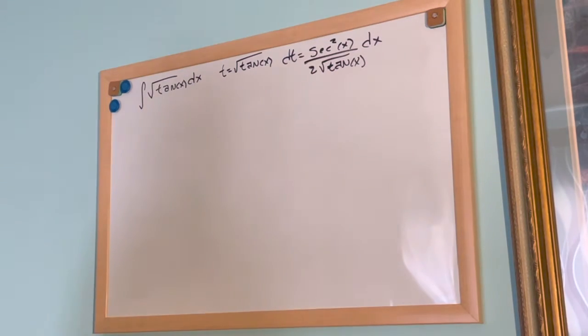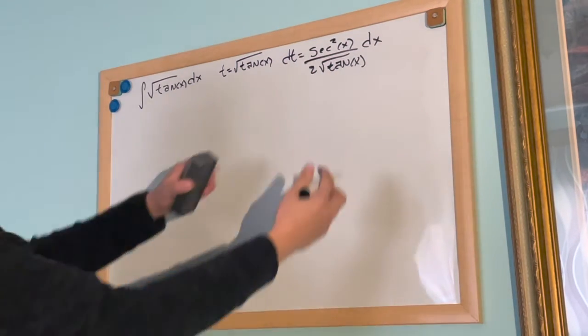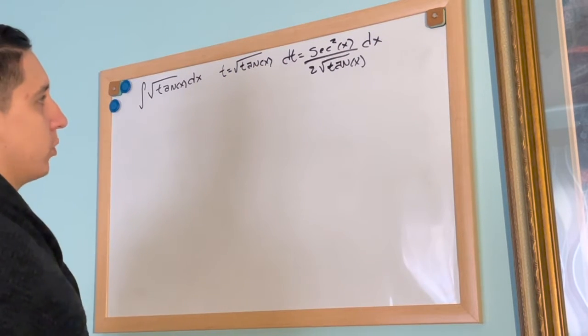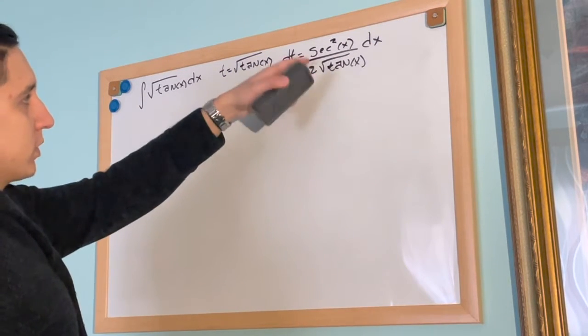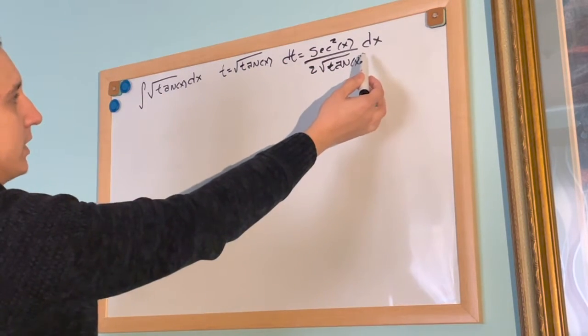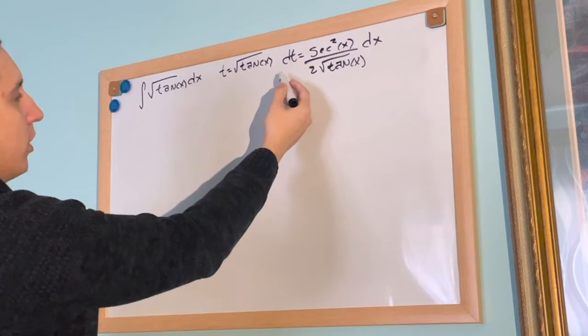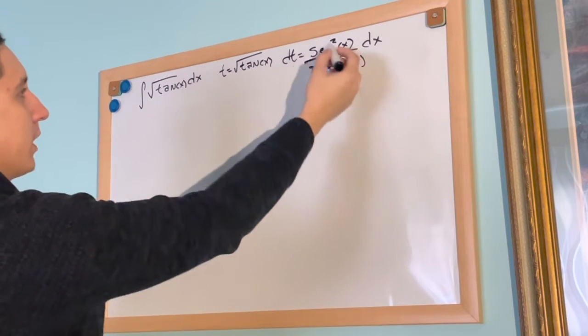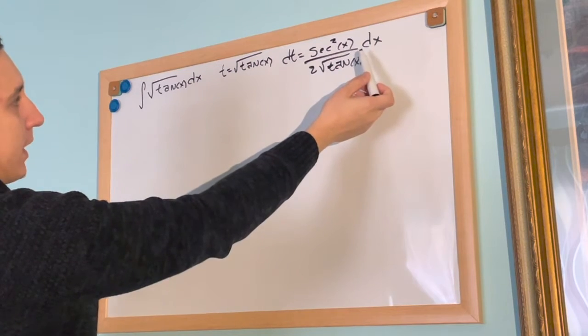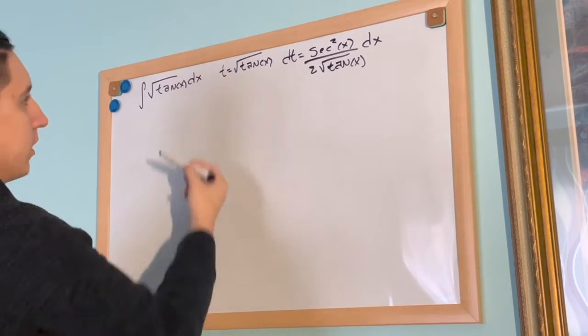So what we can do now is take this whole entire piece right here and multiply by the reciprocal, then we can isolate dx on this side and get this in terms of t, and then we can plug in what's on this side for the dx term right here.